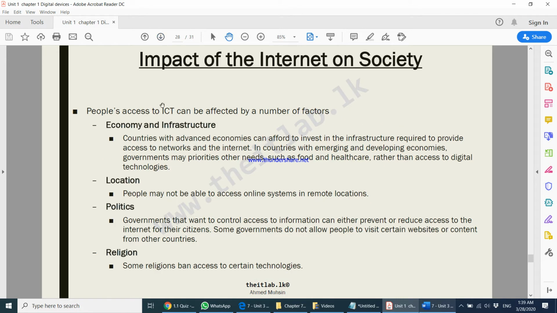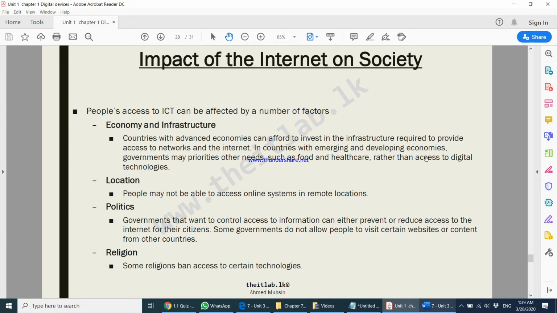So people's access to ICT can be affected by a number of factors. Okay, so one is economy and infrastructure. Okay, so countries with advanced economies can afford to invest in the infrastructure required to provide access to networks and the internet. In countries with emerging and developing economies, governments may prioritize other needs such as food and healthcare rather than access to digital technologies.